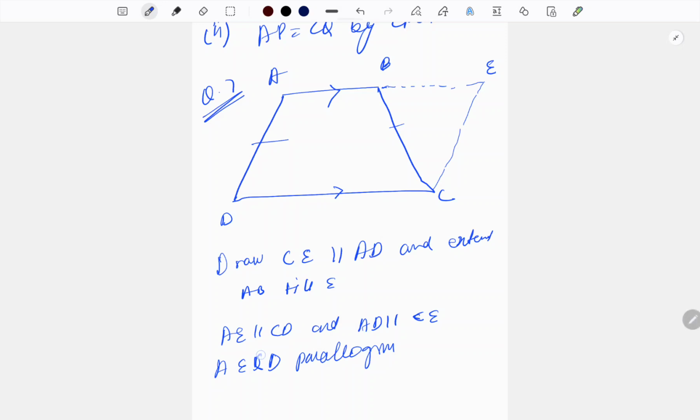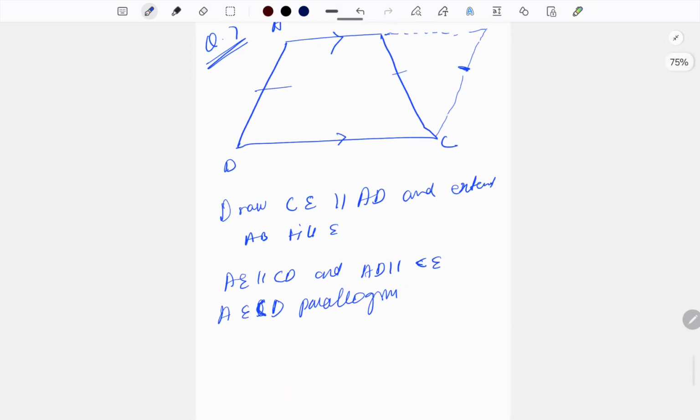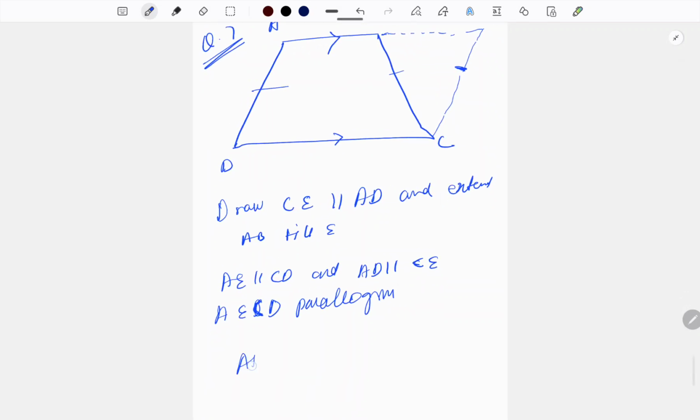Now AECD is a parallelogram, so AD is equal to EC. Already it is given AD is equal to BC. But since it is a parallelogram, AE is equal to DC and AD is equal to CE.